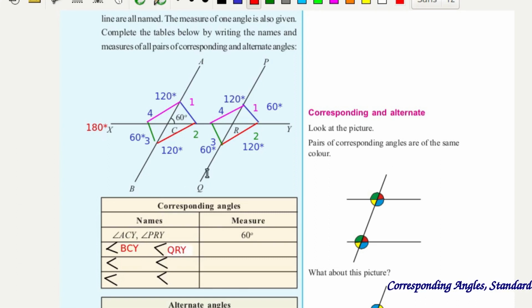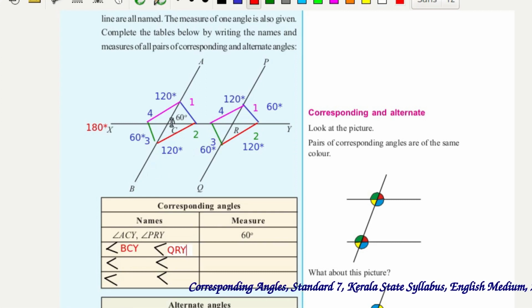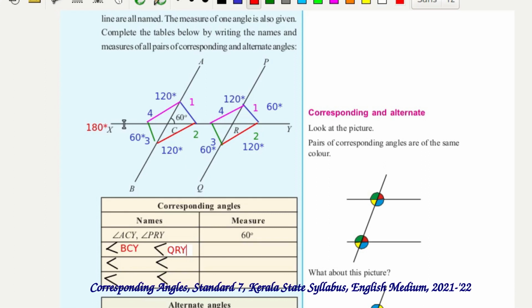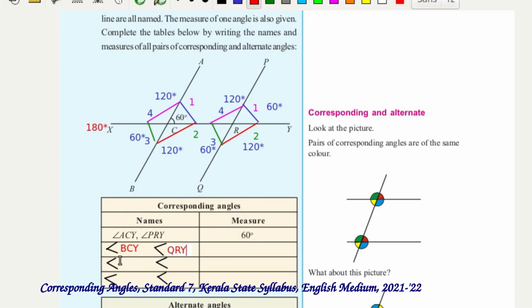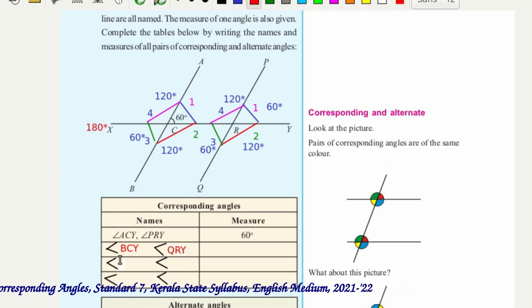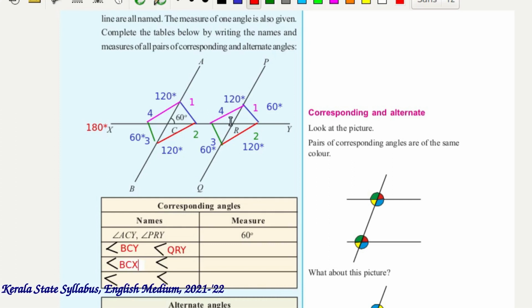Next, the third one is this one. These two are a pair of corresponding angles. So here it is angle BCX and angle QRX. I write here angle BCX and angle QRX.